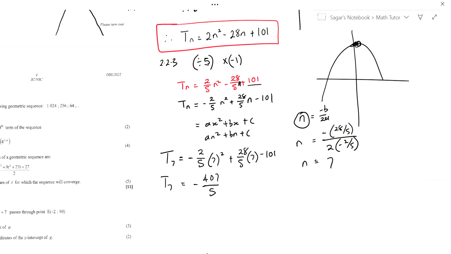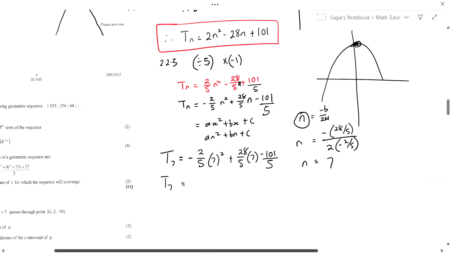We forgot to divide it by 5. We divided everything by 5 except the c value. That is our mistake there. So now if we correct that, I think this is more representative. This is the correct solution. And that's your 4 marks.